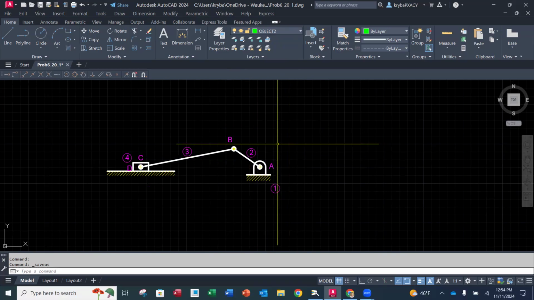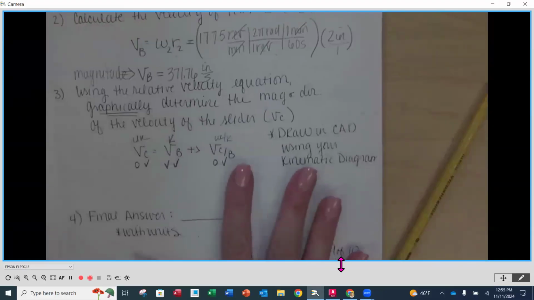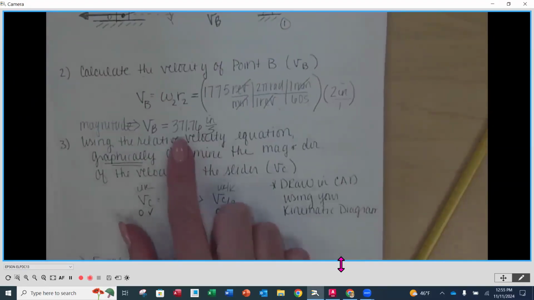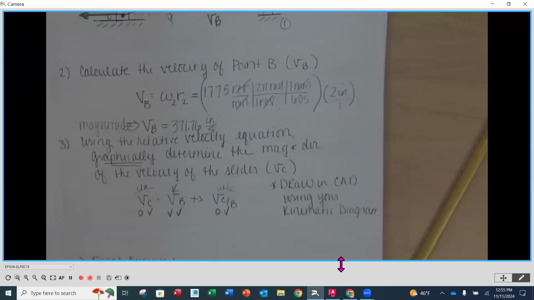When I look back at the work that I just did, the magnitude of velocity of B is 371.76 inches per second. That would mean that this is going to be much longer and bigger than the scale of my kinematic diagram.